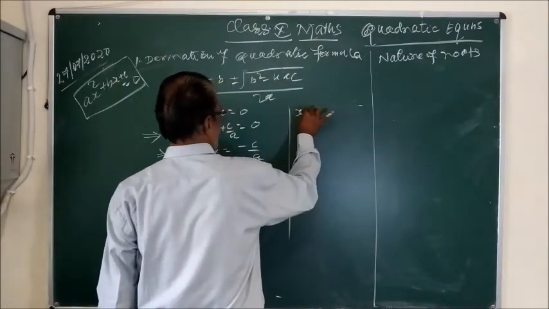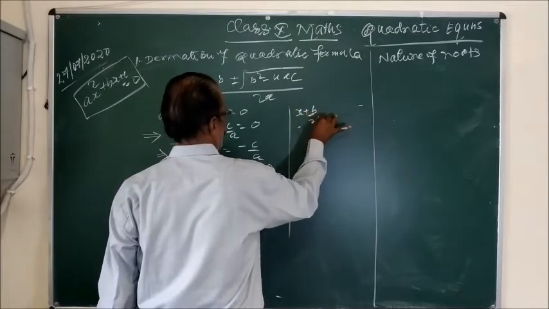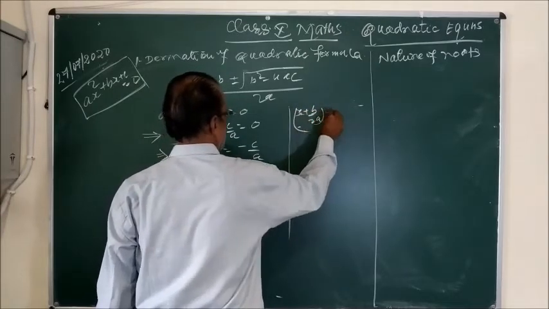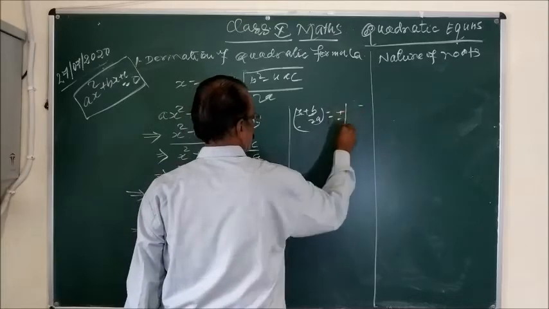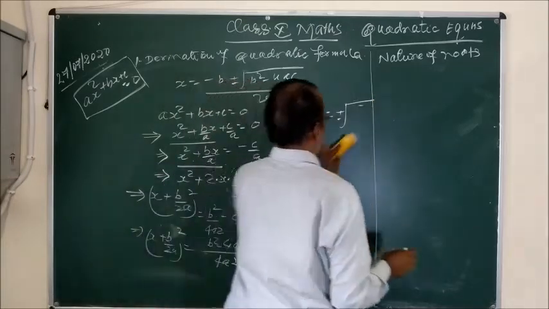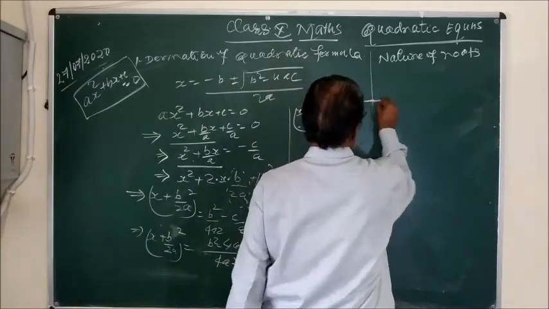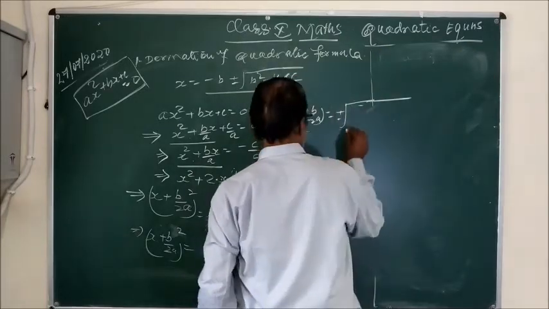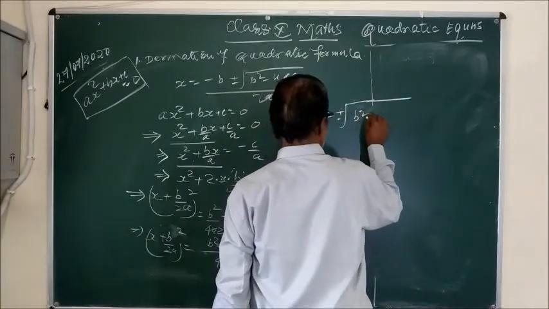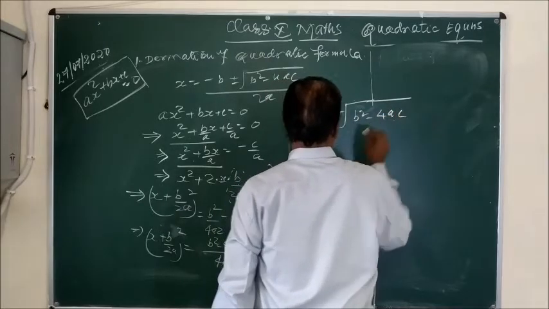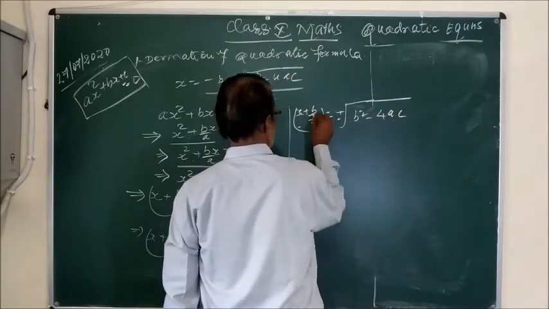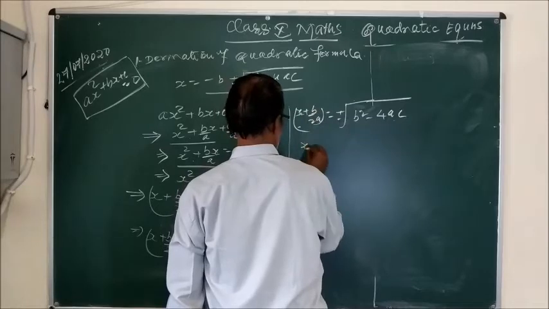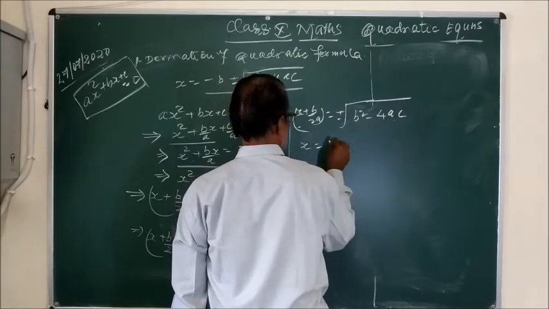If you remove the square, it will be plus minus root of b square minus 4ac, upon 2a. You transfer this b by 2a to the other side, and you will get the value of x.